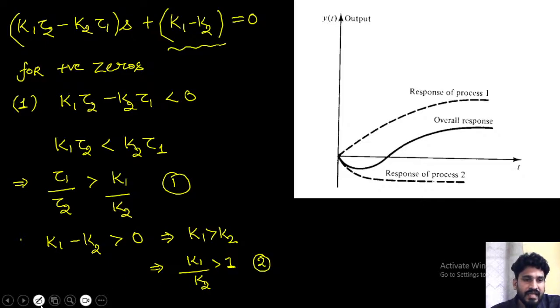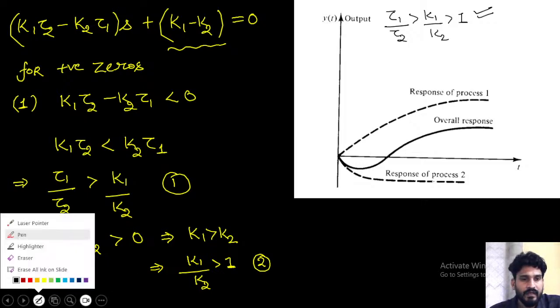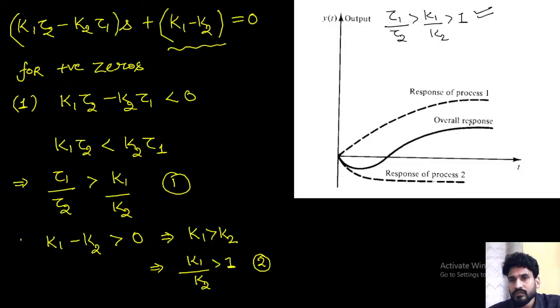If I combine these two conditions, I can write that tau 1 divided by tau 2 is greater than k1 divided by k2 is greater than 1. This is the overall condition for the inverse response if the two first order systems are showing the inverse response. As you can see here, this is the response of process 1, and this is the response of process 2, and if I combine them, it is my overall response which is showing the inverse response.